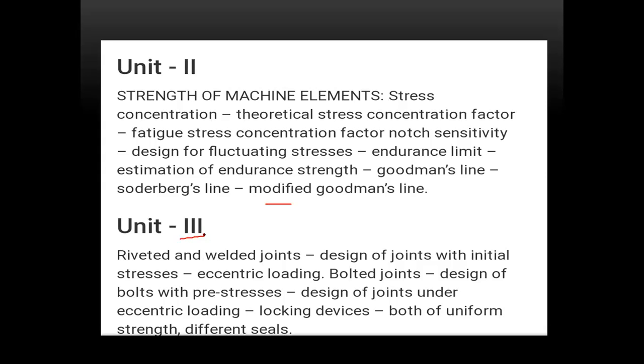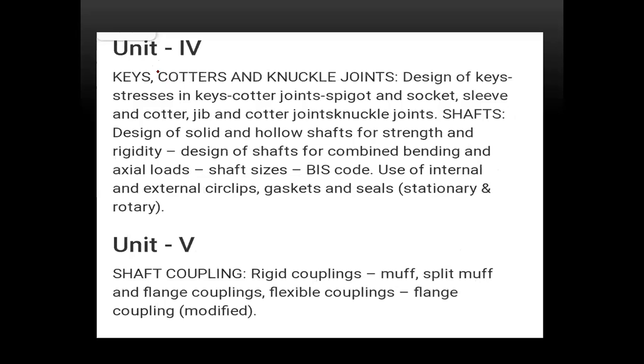Coming to unit 3, we are discussing riveted and welded joints. That is the design of joints with initial stresses, design of bolts, stresses, different types of eccentric loading, both uniform and different seals. Coming to unit 4, we are discussing other mechanical devices, that is keys, cotters, and knuckle joints.